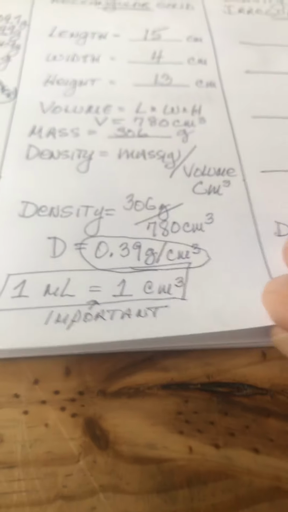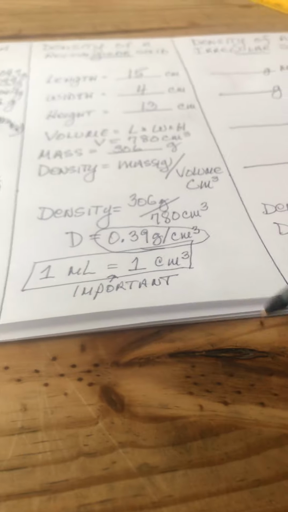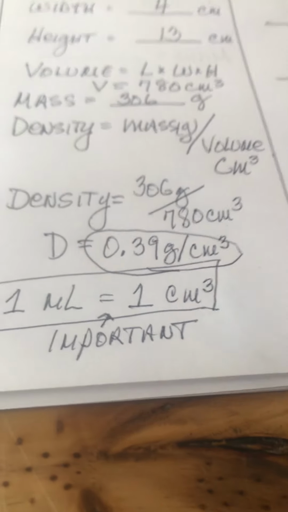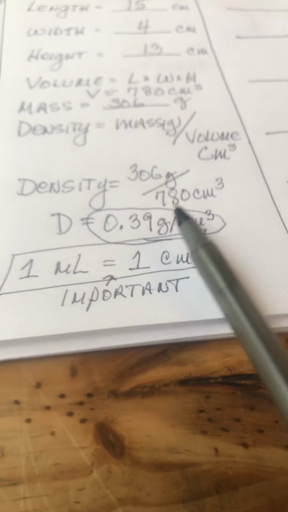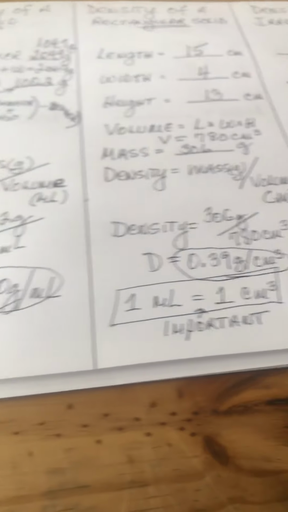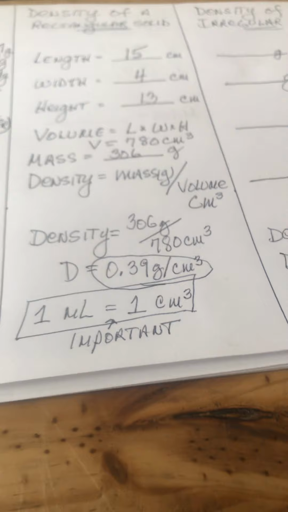Now I wrote down here, 1 milliliter is equal to 1 cubic centimeter. Isn't that interesting? And that's going to become important coming up. But if our density is right, then this thing should float. Is it going to float? I have some water over here. Is this going to float in the water?